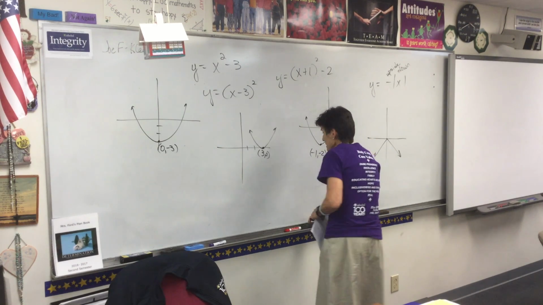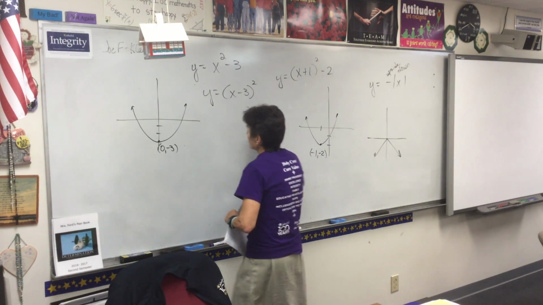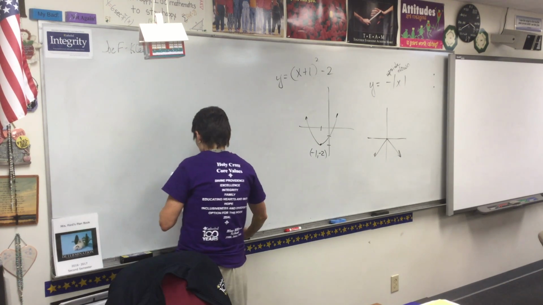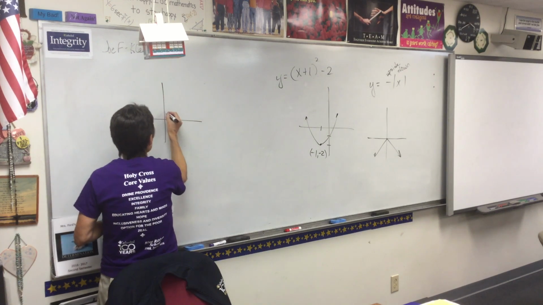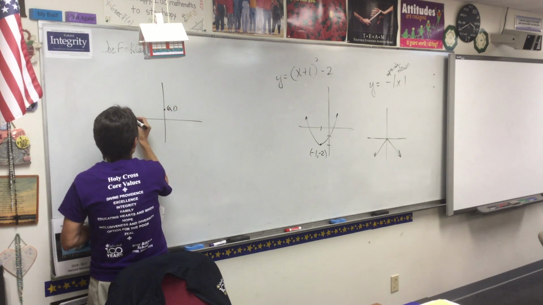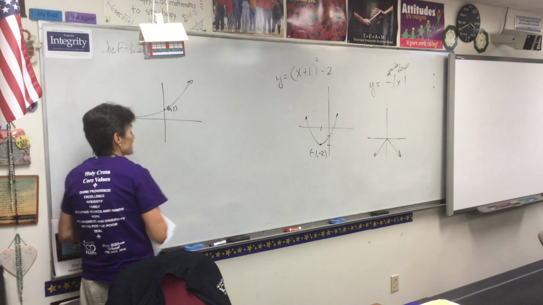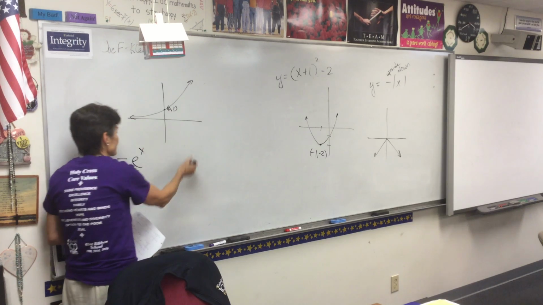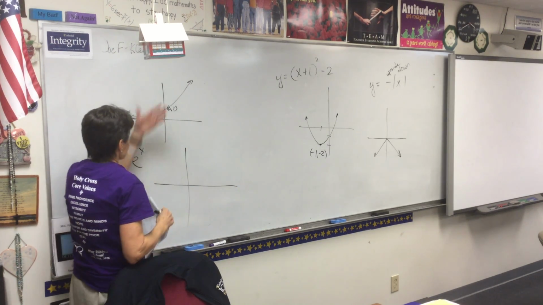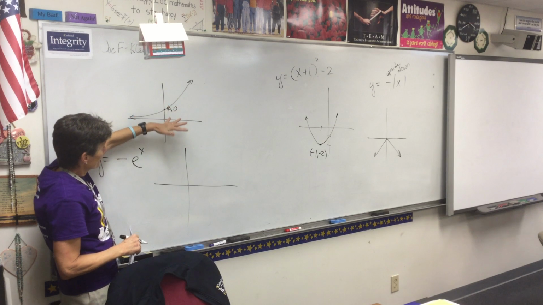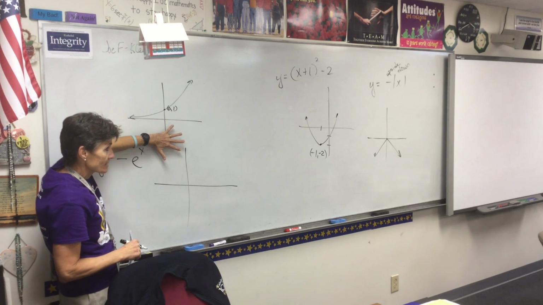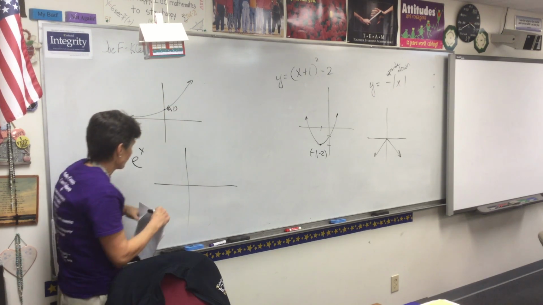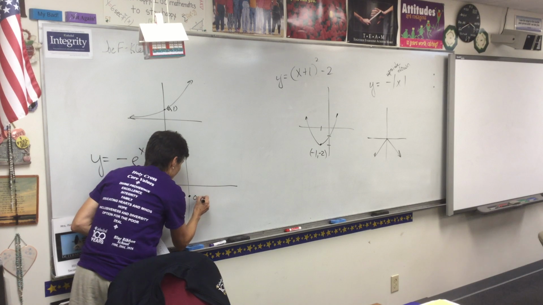So, letter B. The negative is out in the front, so that is going to flip upside down. Keep in mind what your original looks like. For the exponential, that's my original. If I turn it upside down, I simply take this picture and reflect it across the x-axis. So instead of that point being 0, 1, it's going to be 0, negative 1.